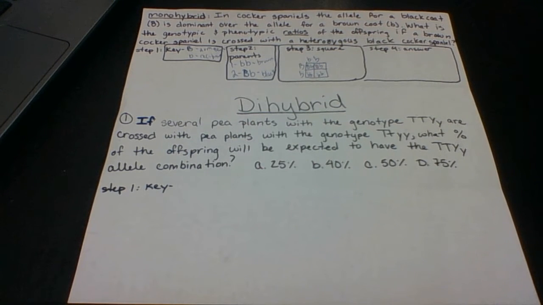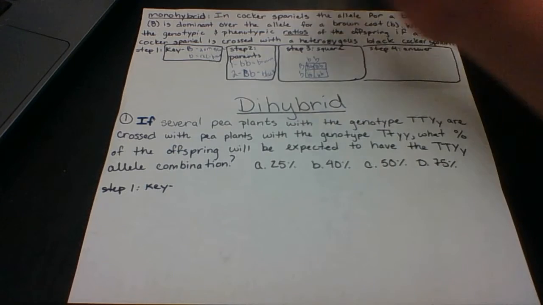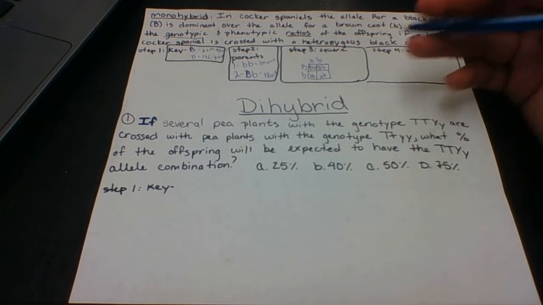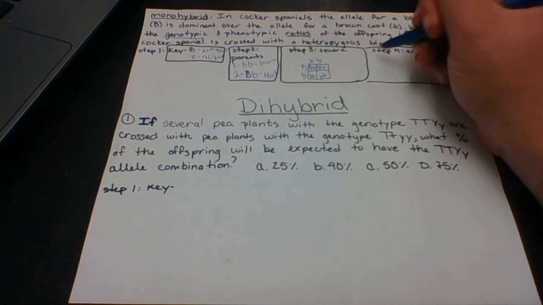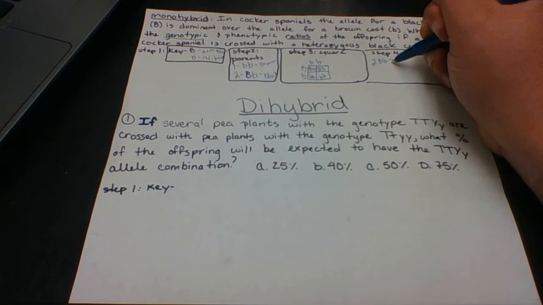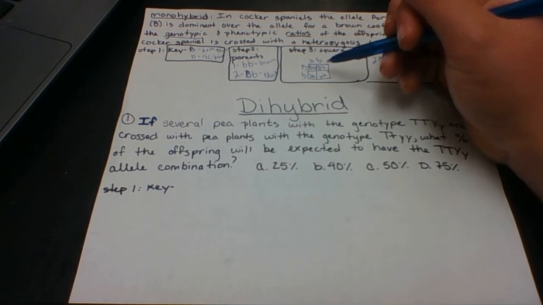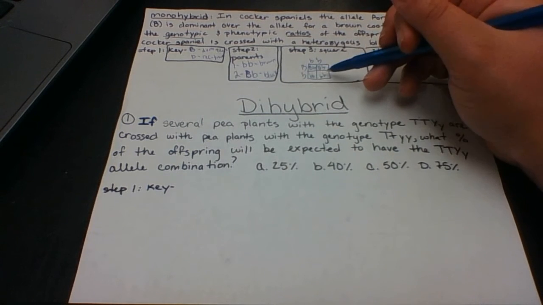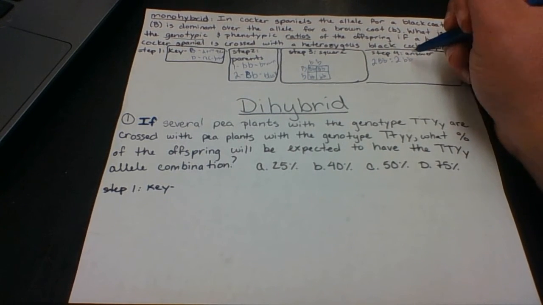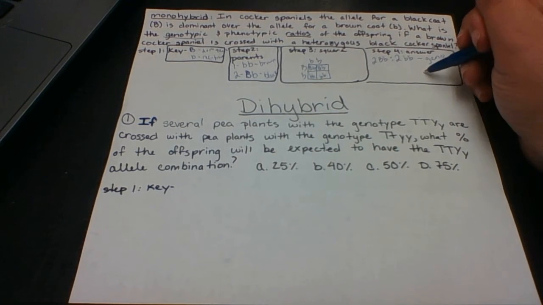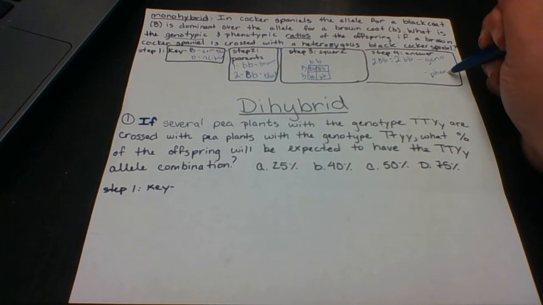So what's the phenotypic, or excuse me, the genotypic ratio? So genotype, they're asking for the letters. So the ratio is 2 big B, little b's, dot, dot, that's how we show a ratio, to 2 little b, little b's. So that's the ratio for the genotype. For the phenotype, they're asking for the physical characteristics.